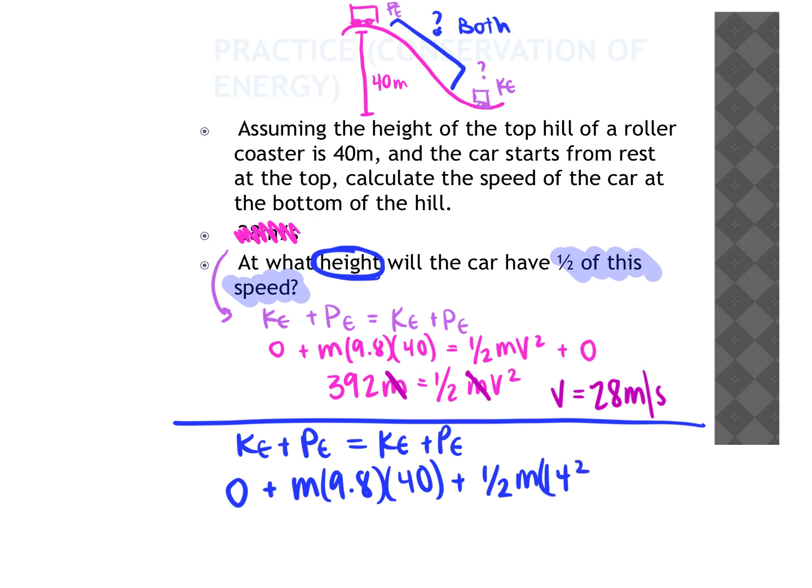Good. Plus mgh. And I'm solving for height. Now, what do I know about the mass? It will eventually go away. So if you don't want to write it in there, then don't. If you're given a mass, I would include it, but it really is not going to make a difference.